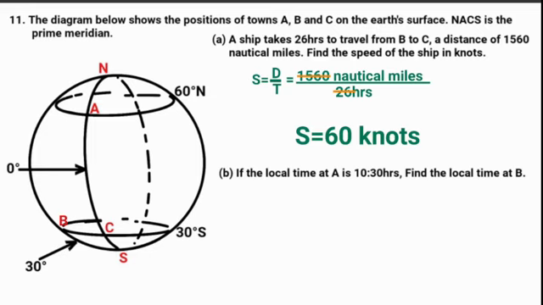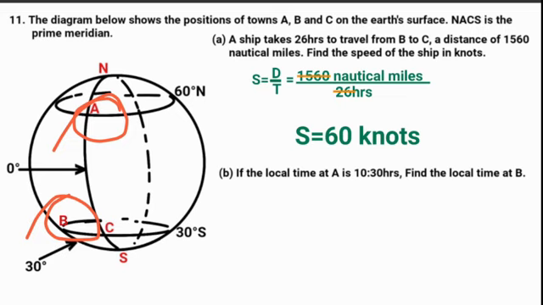So question B was, if the local time at A is 10:30 hours, find the local time at B. I'm sure you're able to see where town B and A are, so let's identify where these two towns are. Even if their locations are on different latitudes, you can see that the distance between them using longitude is the same.